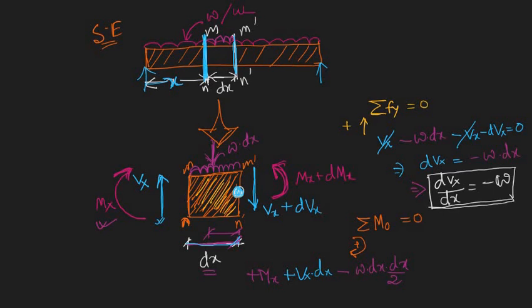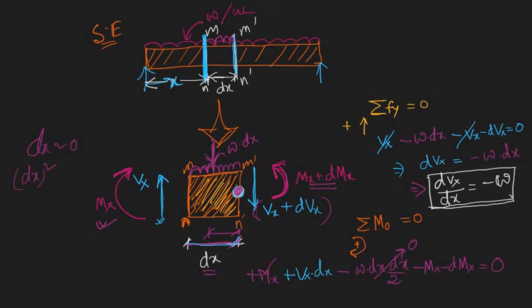And finally this Vx plus dVx, actually this is passing through this point, so it will have no moment. And finally this one, it is anti-clockwise, so minus Mx minus dMx equals 0. And here we have to do some approximation. Here dx almost tends to 0, so of course we can ignore the higher power, dx squared, so this is almost equal to 0.